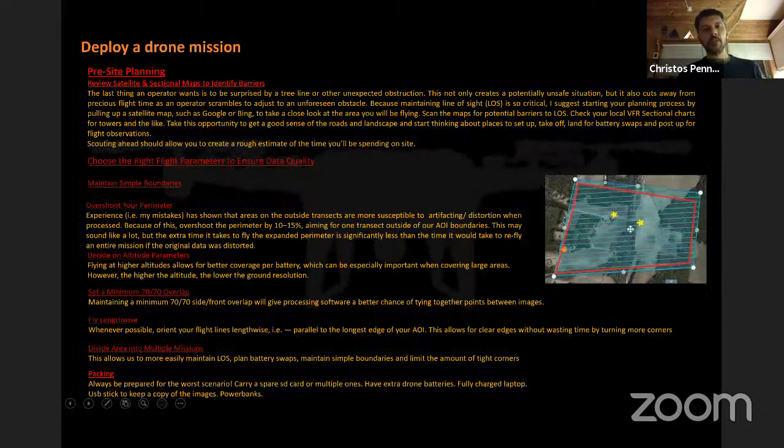Now, we are moving on to some guidelines on how one should deploy a drone mission. It is important that there is pre-site planning before we go there and perform our drone mission.